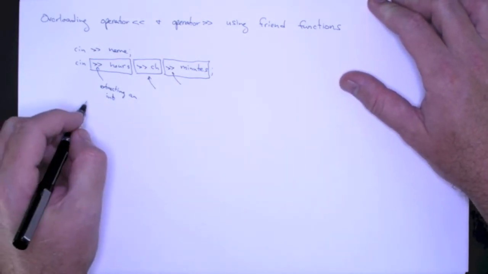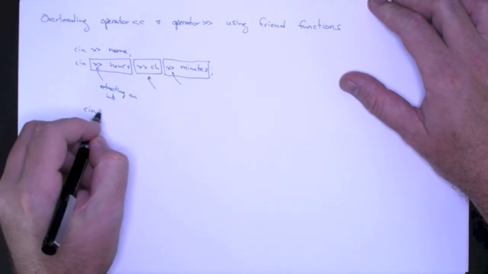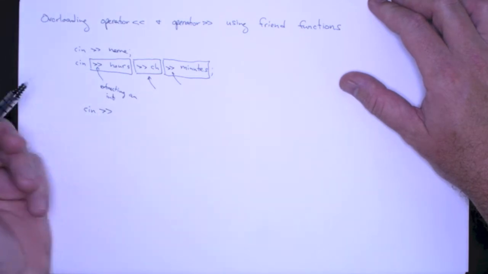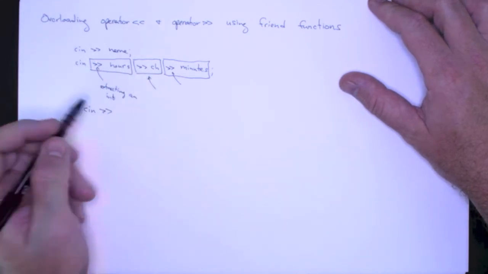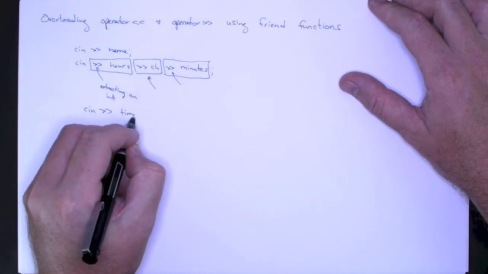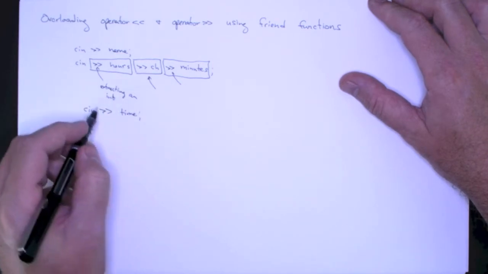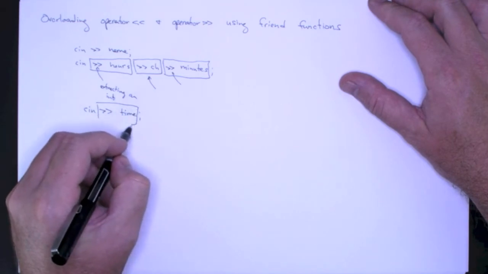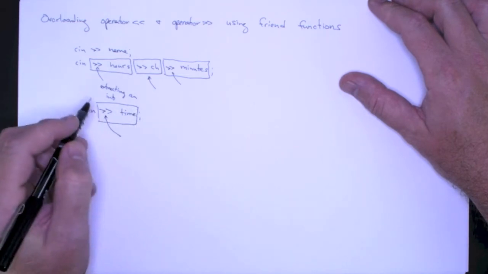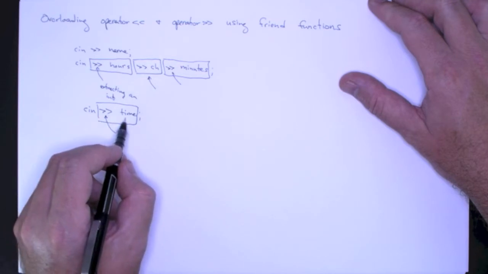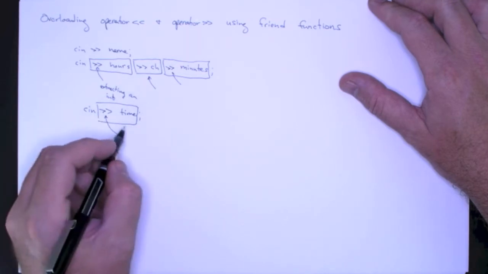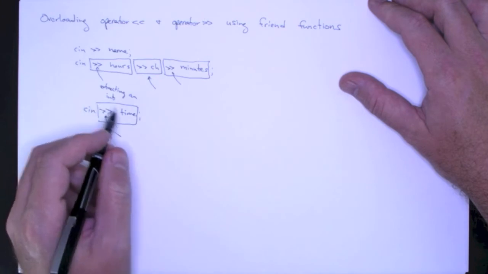What I really want to be able to do is, just for uniformity, if I can read strings like this, if I can read integers and characters, how can I read a time object? And so what I need to do is implement an extraction operator that will extract a time object.